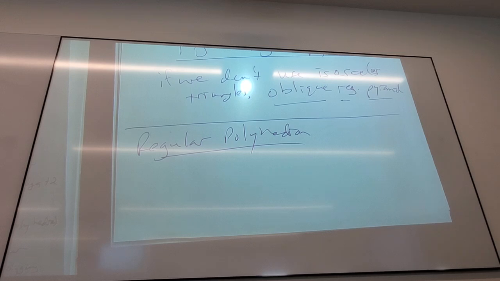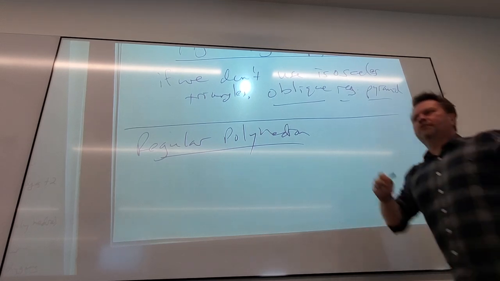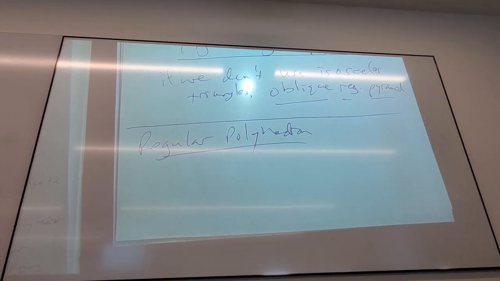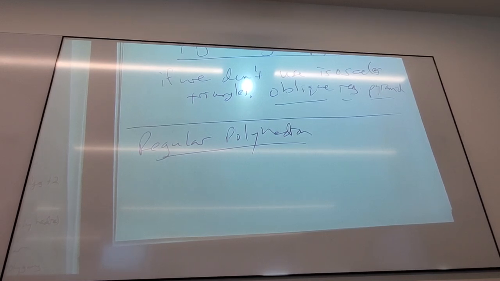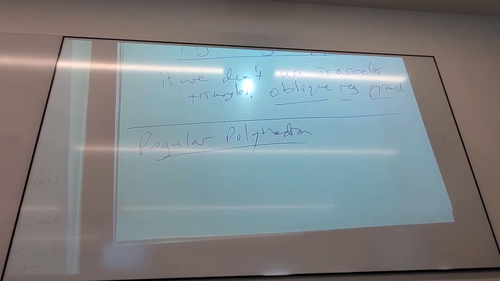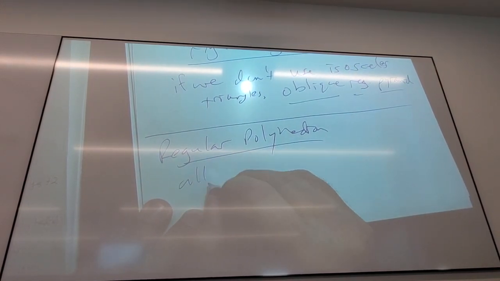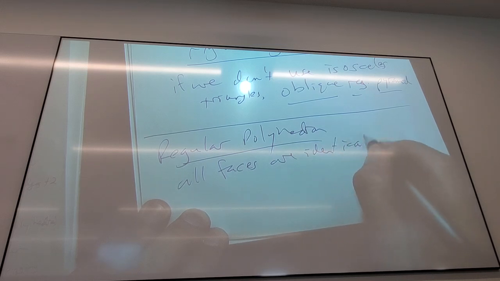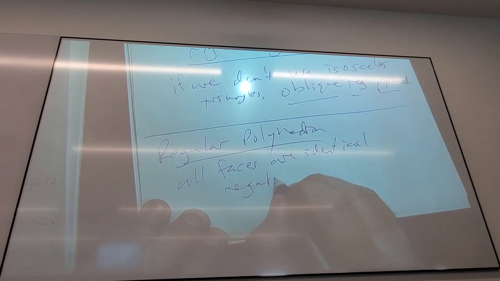Meaning, if I want to create a polyhedron out of triangles, what triangle do I have to use? If I want to make a regular polyhedron, I have to use an equilateral triangle, yes? Because that is the trigon that is regular. Okay. So a regular polyhedron is one where all faces are identical, regular polygons.